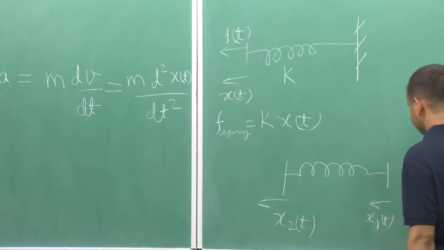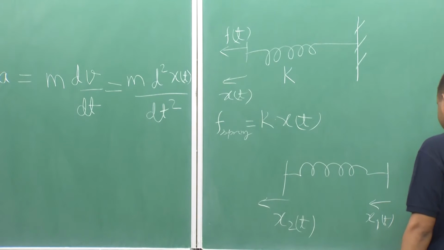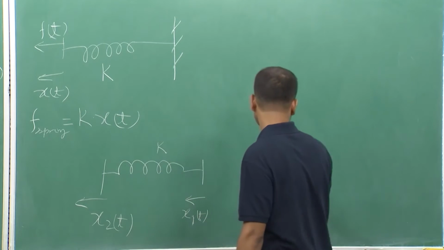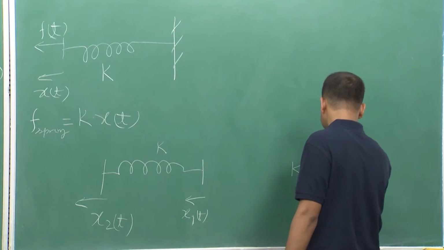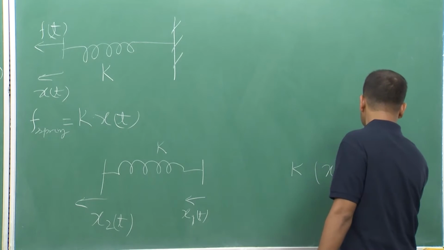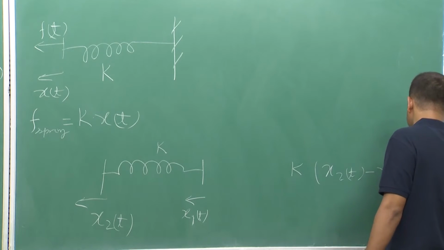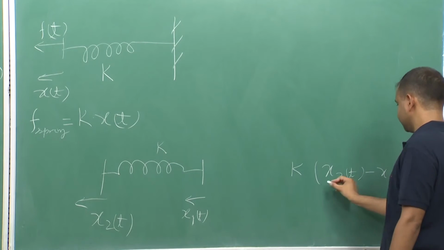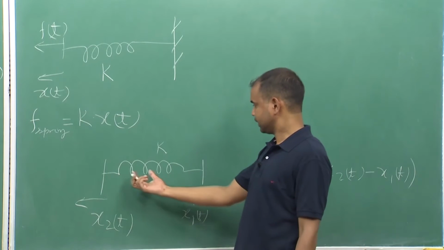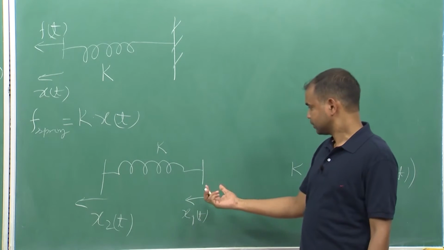So, the force applied due to this spring will be, if k is the spring constant, k times x2 of t minus x1 of t, the relative change in the length of this spring.